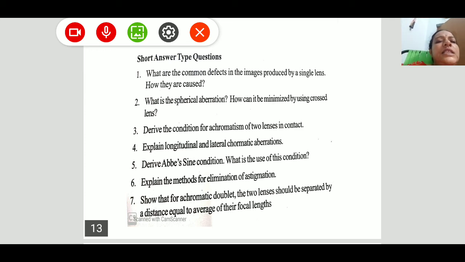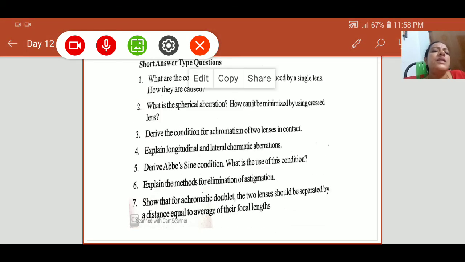Next, second question, what is spherical aberration and how can it be minimized using a crossed lens? Spherical aberration we already discussed. Just write down about the spherical aberration and the crossed lens.